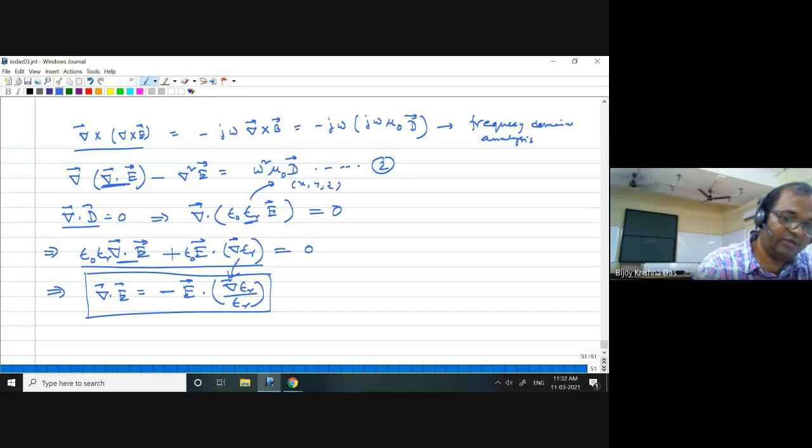So I have equation 2, and let me define this one as equation 3. If I just substitute equation 3 into equation 2, what will I get? I will get a very nice equation.